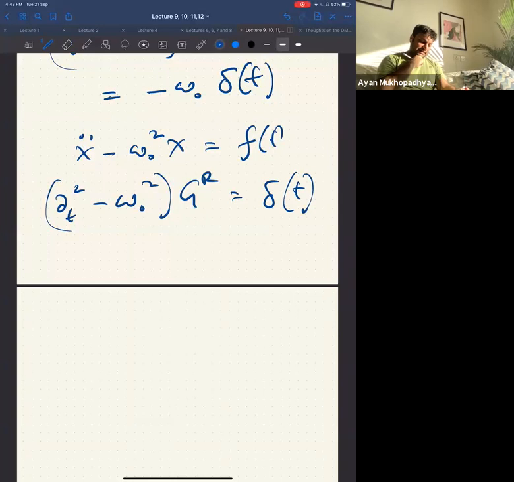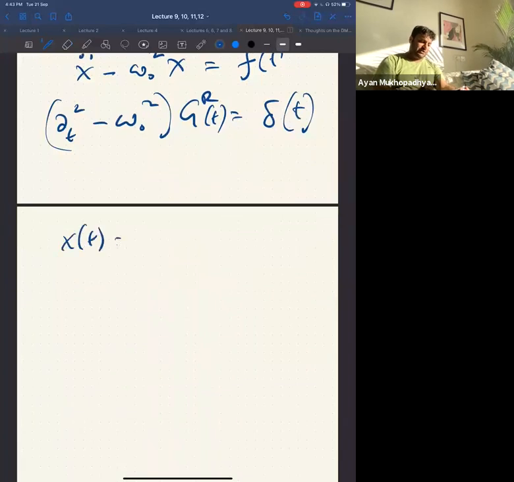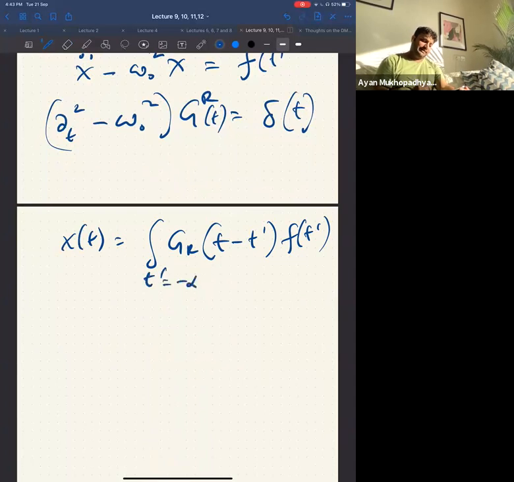And once you solve for that, then x(t) should be equal to the integral of G_R(t minus t prime) f(t prime) dt prime, where t prime is integrated from minus infinity to infinity. So this is the integral that you need to do.